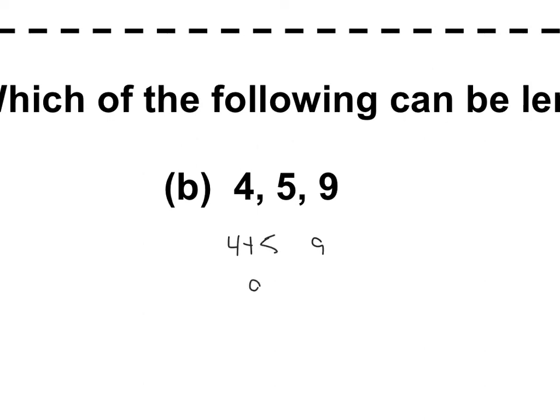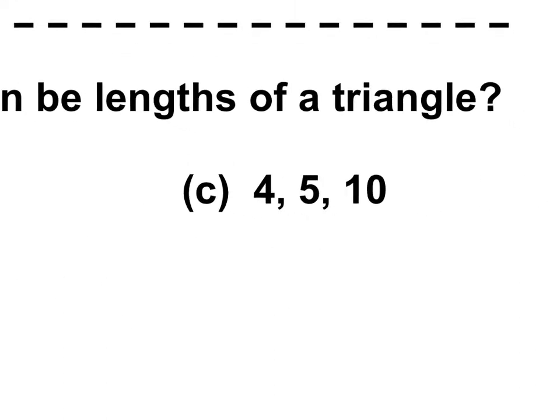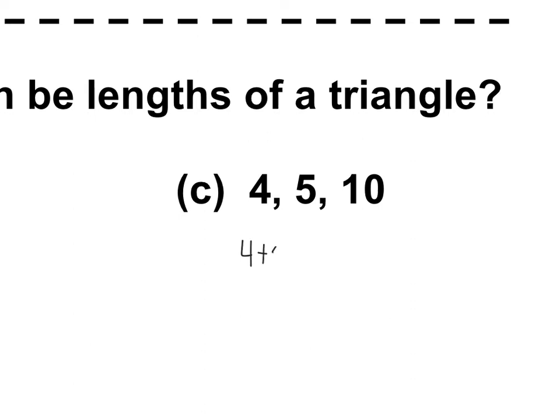Well, 4 plus 5 is 9, and that's equal to 9, so the sum of the two smaller sides is not larger, so this would not be a triangle. And then the last one, 4 plus 5 and 10. Well, 9 is less than 10, which again means we do not have a triangle. So that's all just review that might apply to us and help us out in other ways.